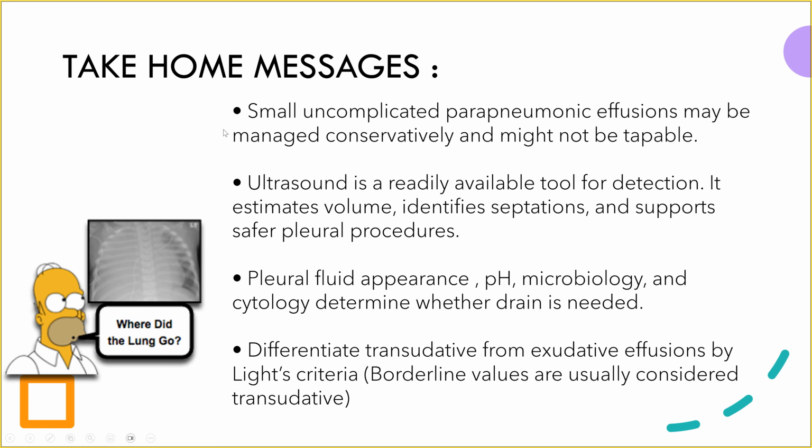So just the take home messages for the teaching are that we can manage small uncomplicated effusions conservatively, and if they are not tappable, we can use the ultrasound to further characterize the effusion.